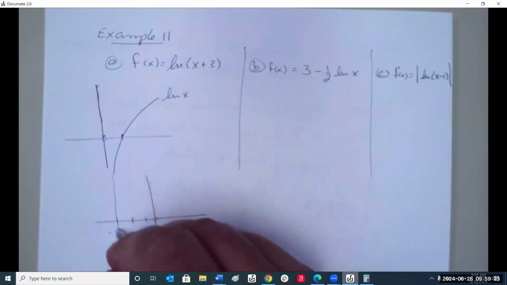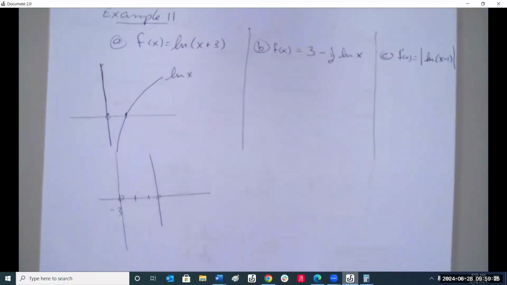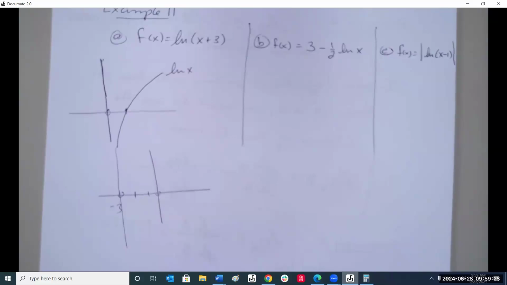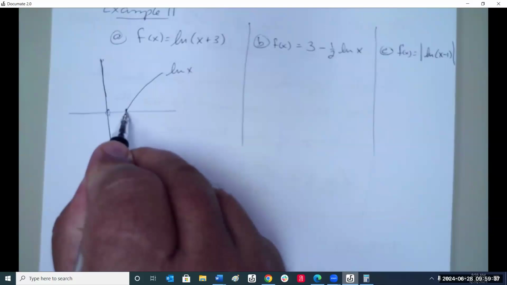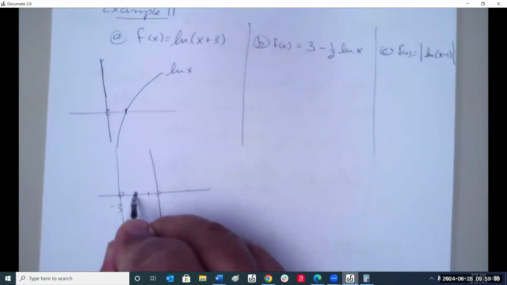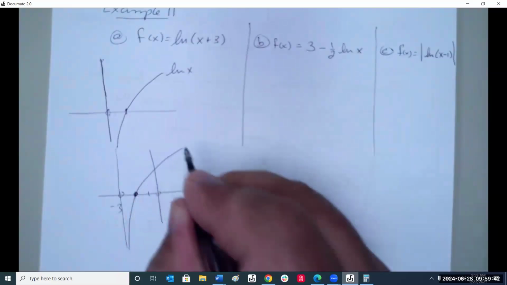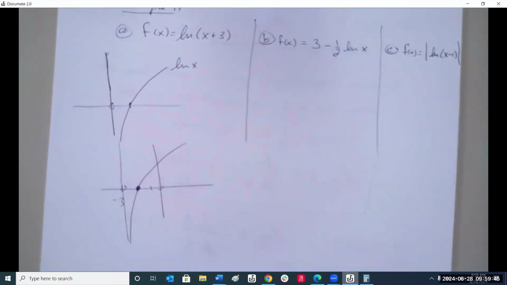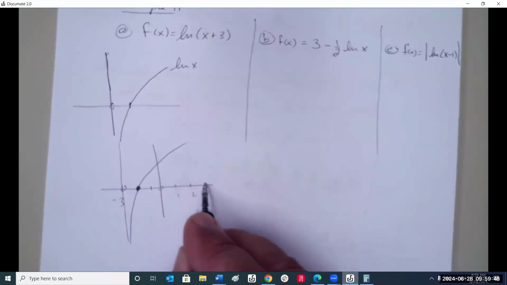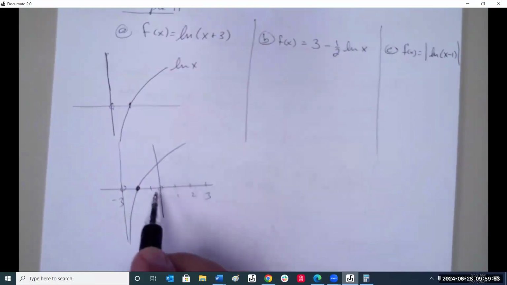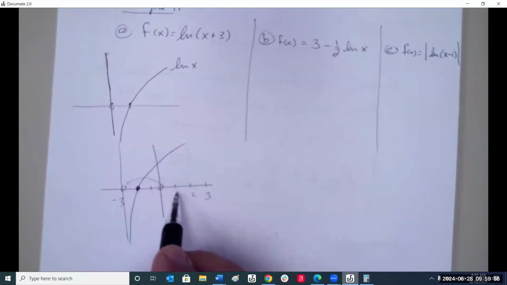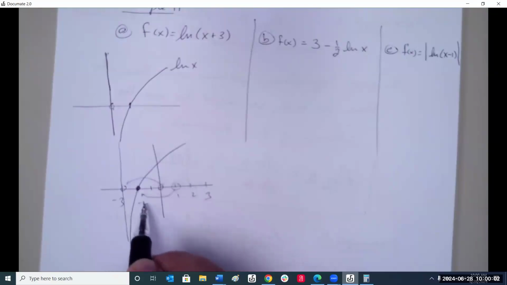So there's my new origin. And the graph intercepts 1 to the right. So this is the x-intercept, and the graph looks like this. So the origin shifts from there to there, and so my x-intercept shifts from 1 to -2.